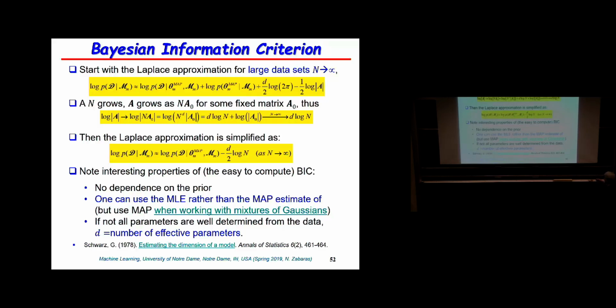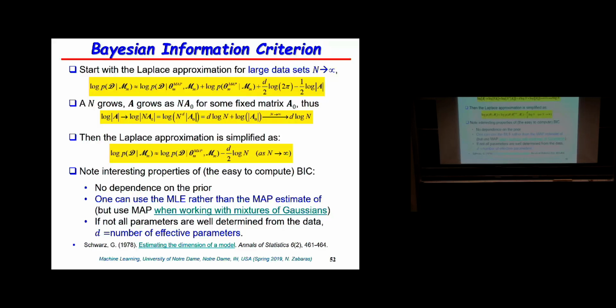It's a constant term, so we're not going to bother. So the log of the evidence of the model M is this log likelihood minus, and this is very important, 1/2 times d log of n. And what you see there is basically what is called the Bayesian information criterion.